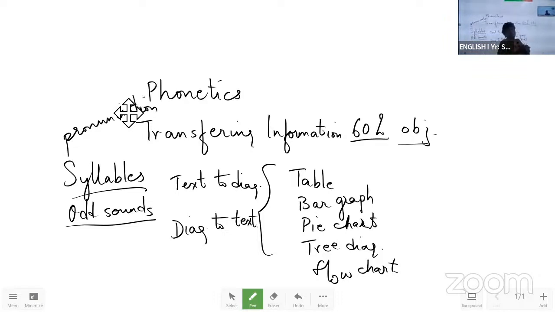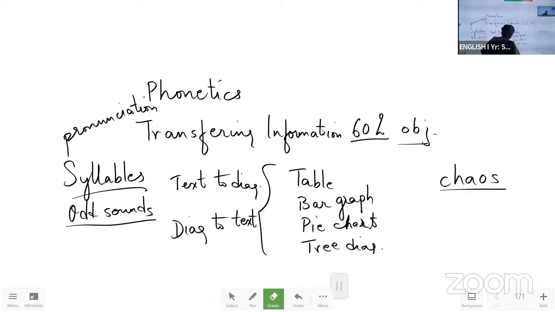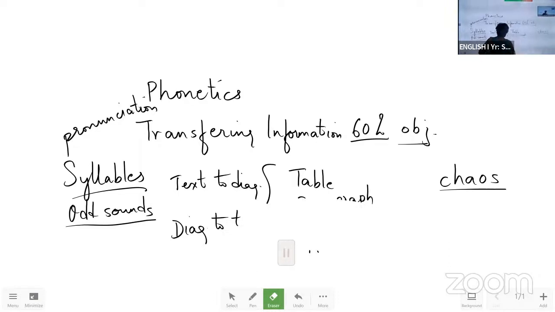For cucumber, they pronounce it incorrectly. And this word, they say it wrongly when it is chaos. So for syllables, odd sounds, pronunciation is very, very important. So keep all this in mind, children. We'll discuss this in our further classes.